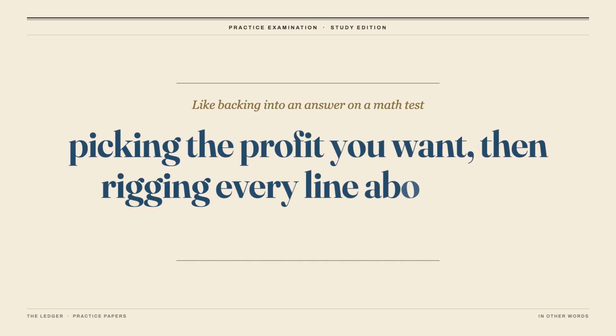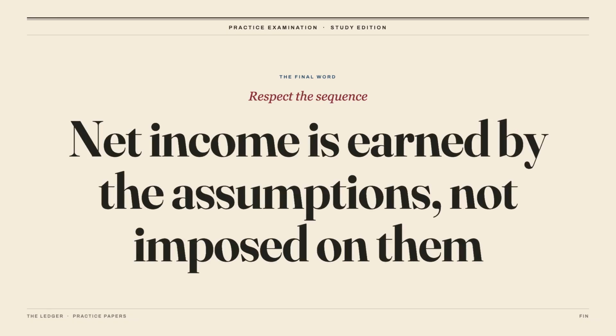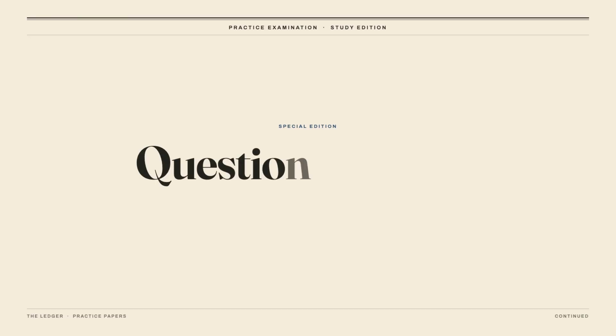Starting from the bottom line corrupts the entire projection. Assumptions stop being honest estimates and become whatever values produce the desired profit, which is exactly how a forecast loses its grounding. A derived net income can be validated, an assumed one can only be rationalized. Project revenue, expenses, and financing in order, then accept whatever net income results, even if it disappoints.